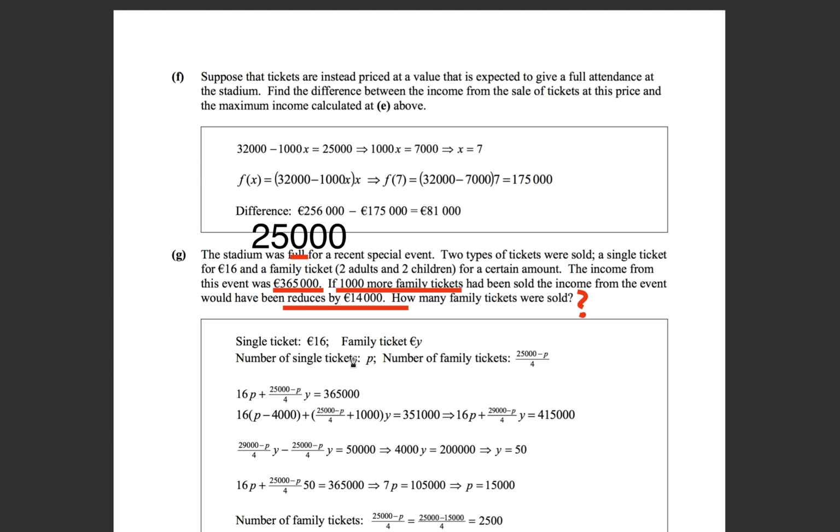The number of single tickets sold is P. We don't know that either. The number of family tickets sold is 25,000, which is the total number of seats, so that's the number of people there, minus the single tickets, and we divide by 4.